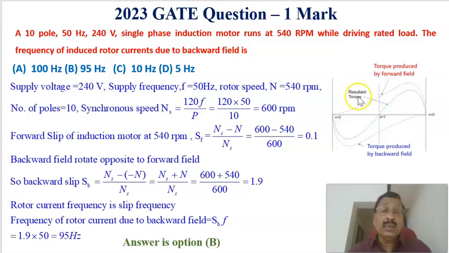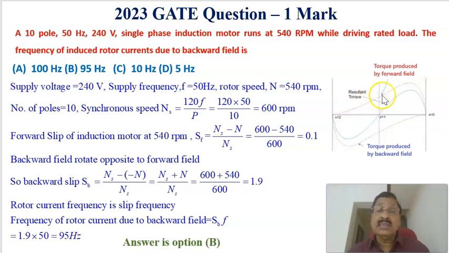Now coming to the torque slip characteristics of a single phase induction motor, this represents the torque slip characteristics, which indicates that the starting torque, when S equals 1, is equal to 0. Therefore, in a single phase induction motor, starting torque equals 0. This can be split into two: one, the torque due to the forward field, and another, the torque due to the reverse field.